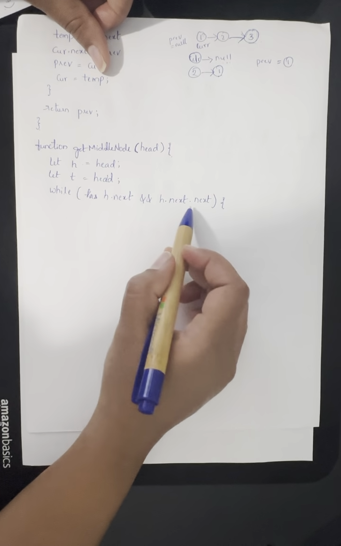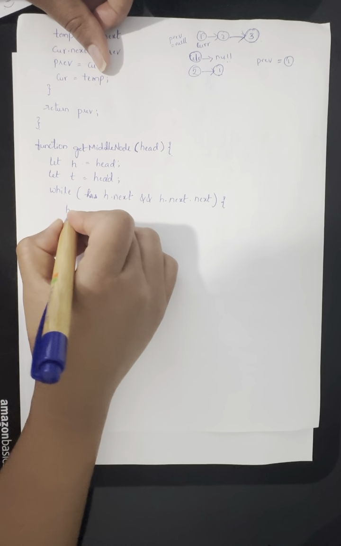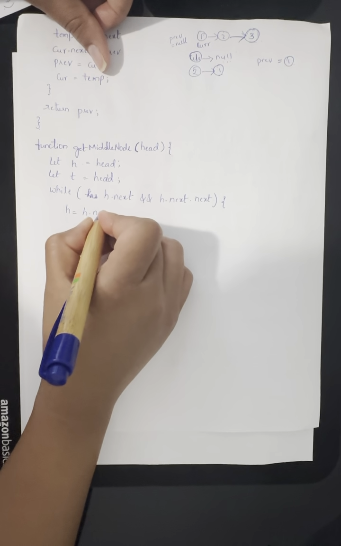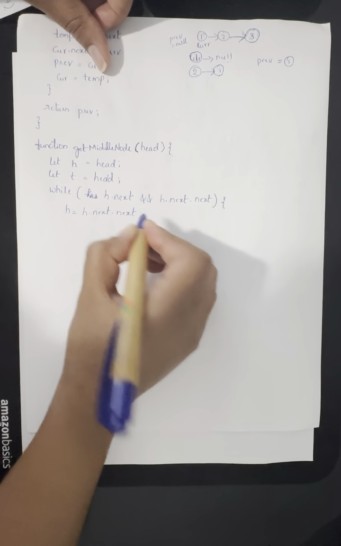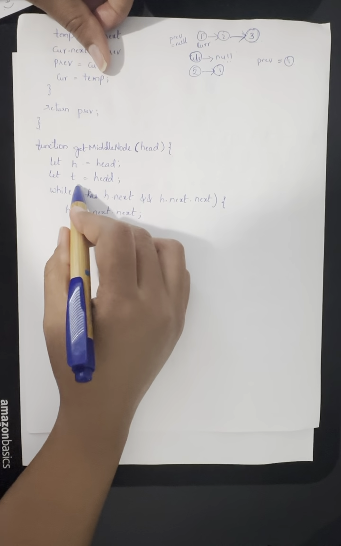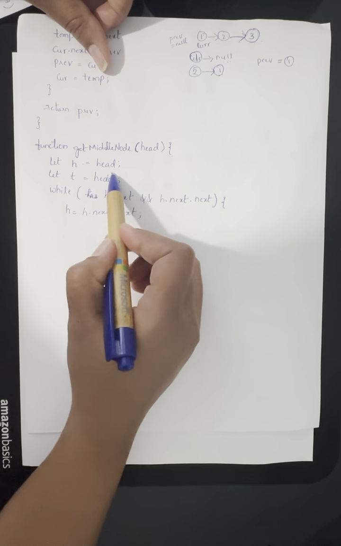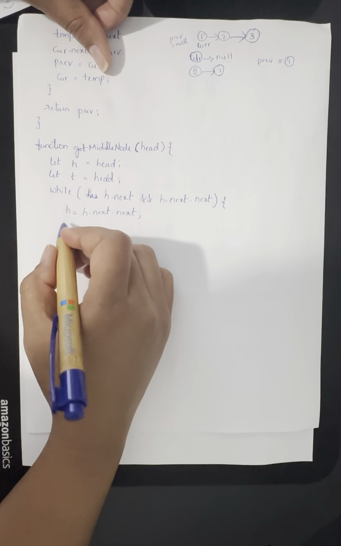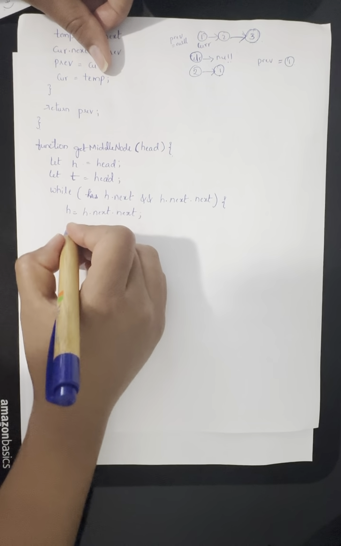Once both of these conditions are true, we'll make h equals to h dot next dot next, because h takes 2 steps at a time and t takes 1 step at a time, so that by the time h reaches the null, t will be at the middle node.